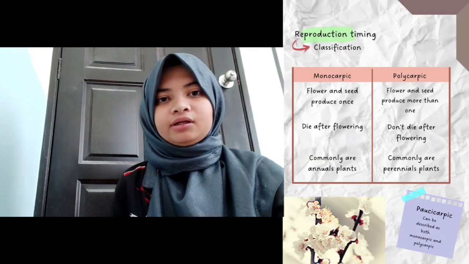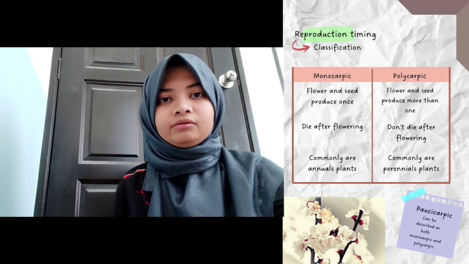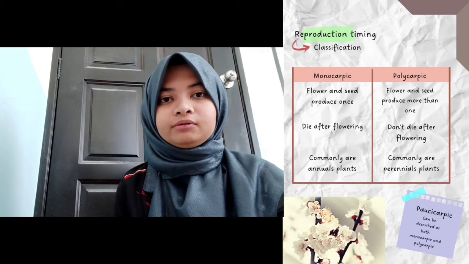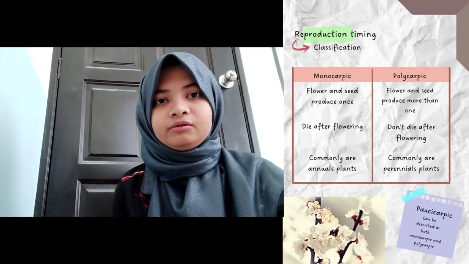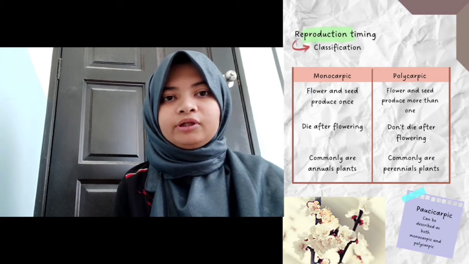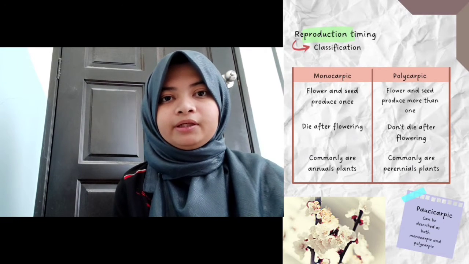Reproduction timing. There are three main classifications in this topic, and what do they mean? Monocarpic, polycarpic, and paucicarpic. Several differences can be shown between monocarpic and polycarpic. Monocarpic plants produce only one flower and seed, while polycarpic plants produce more.